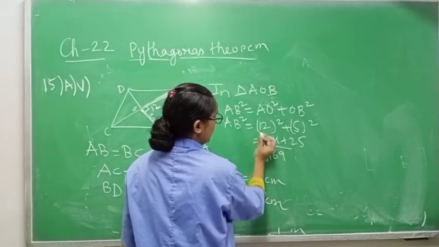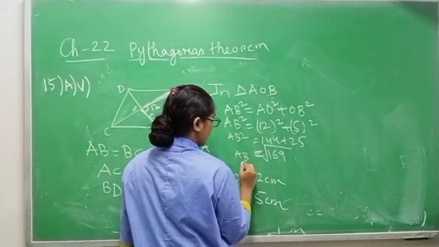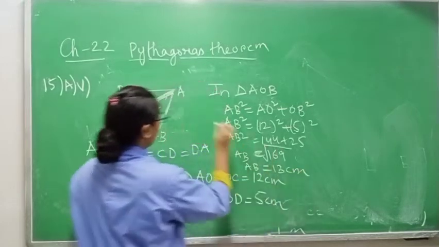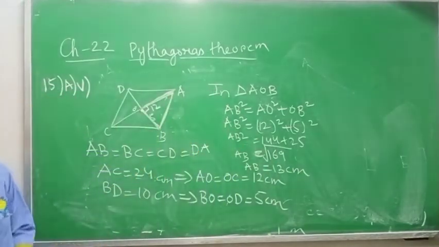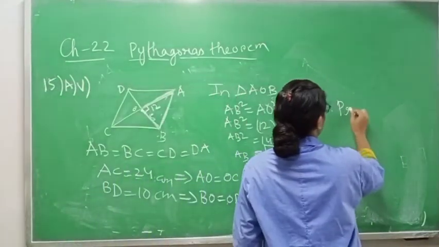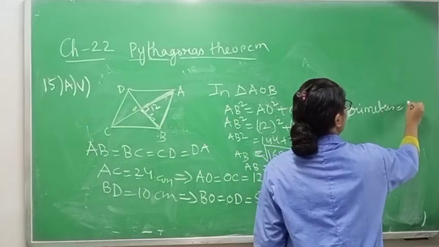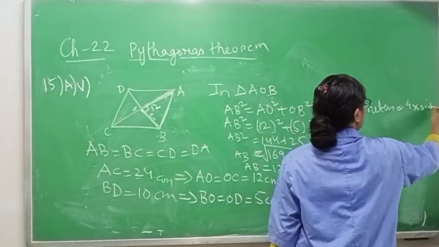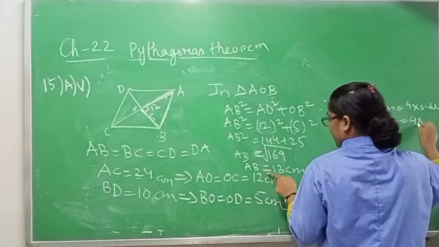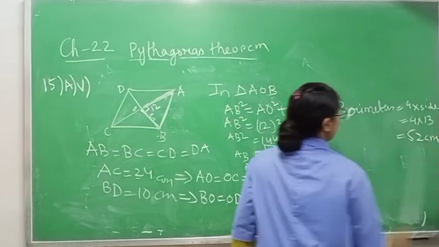Now this root will come here. AB equals how much? 13 centimeter. Means one side is 13 centimeter. It means that therefore perimeter equals 4 into side, because this is a rhombus, means 4 into 13, it means 52 centimeter.